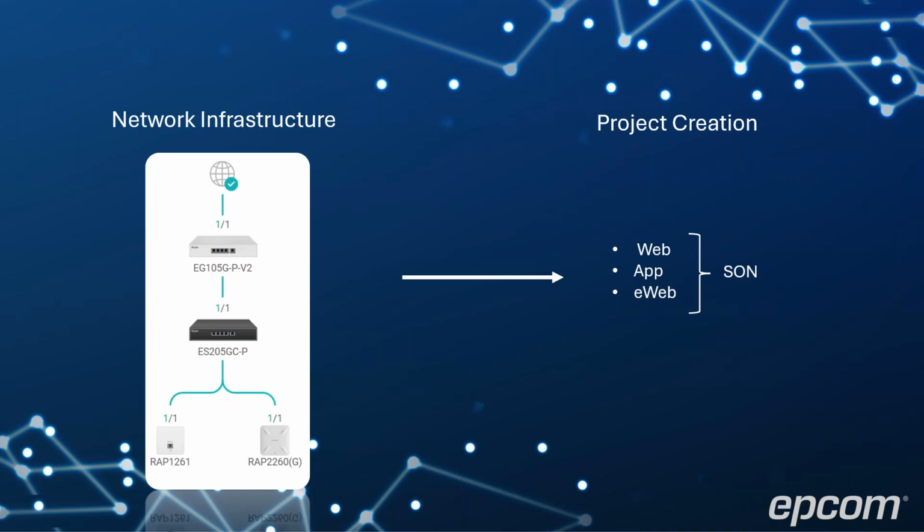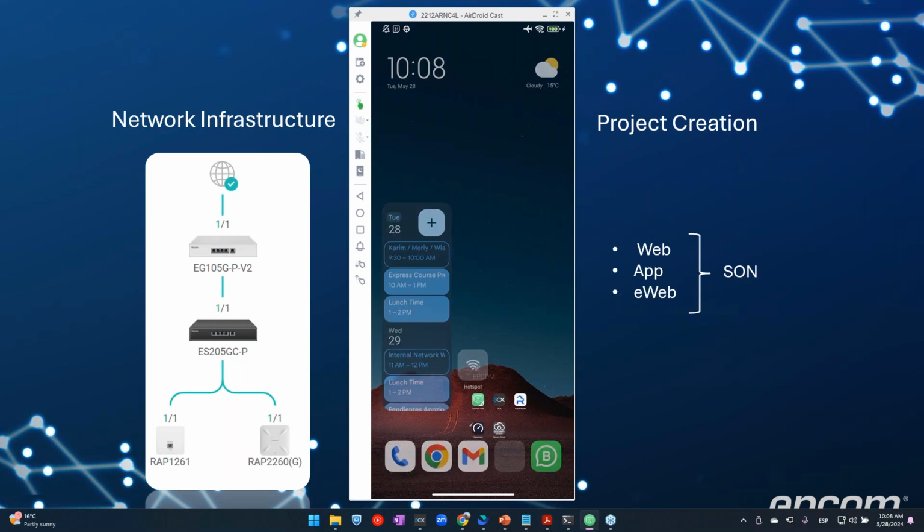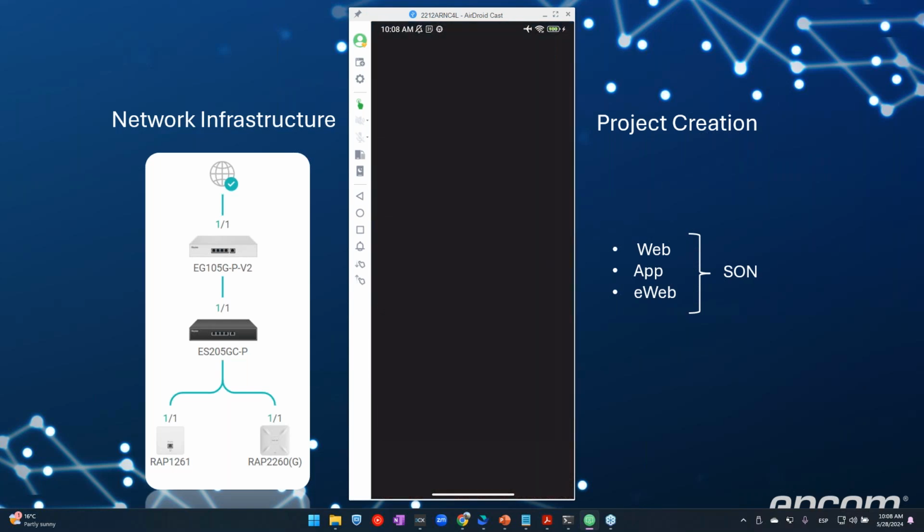For this course, I will upload the project by app, by application. So let me show my cell phone here. One minute. Here is my cell phone. As you can see, I have here my Reyee application.